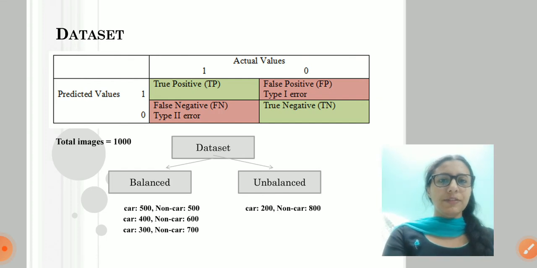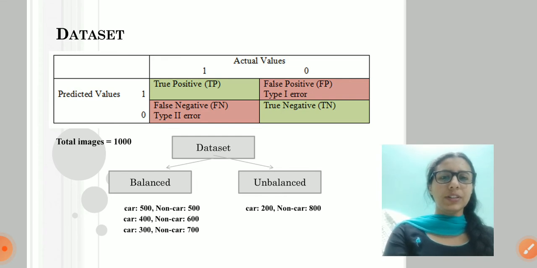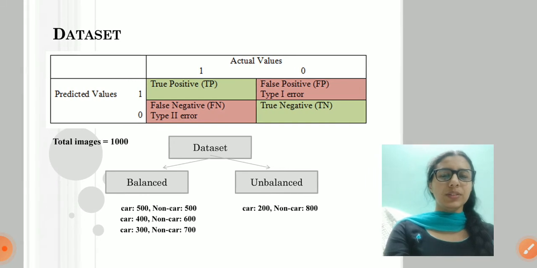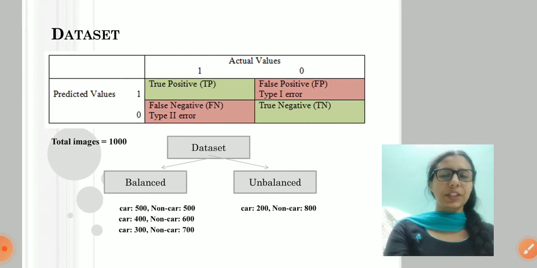And if the non-car images are 600 and the car images 400, then still it can be considered a balanced data set. And if we have non-car images 700 and car images 300, still it can be considered a balanced data set, because this is the 70-30 ratio.